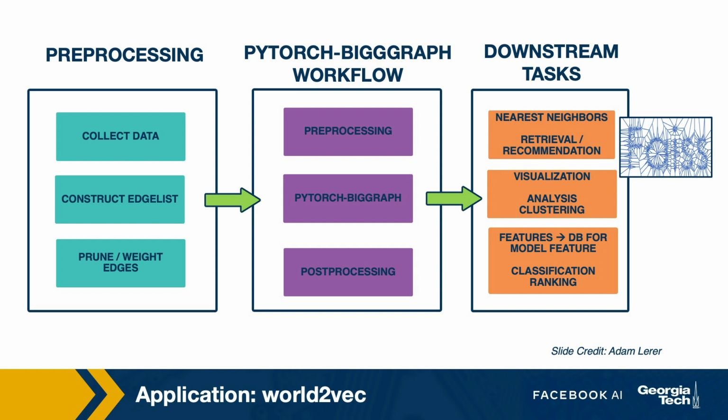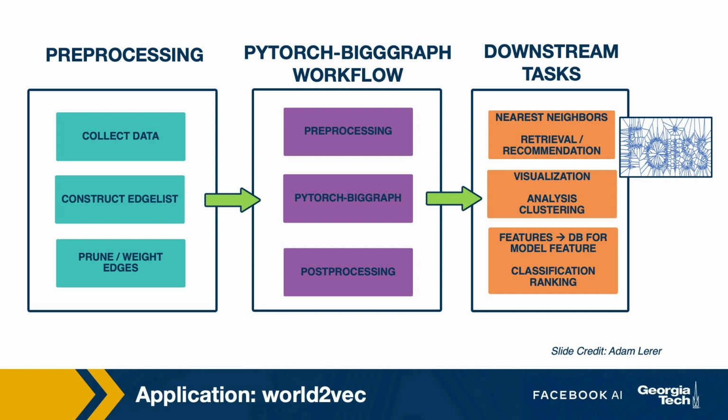Then you feed it into the PyTorch BigGraph workflow, which does some pre-processing in the database to shard everything. Then you run the PyTorch BigGraph open source code and then do some post-processing. So you end up with a database table of IDs and their embeddings, which you can use in all different ways as mentioned above. For example, people use it a lot to look for nearest neighbors.